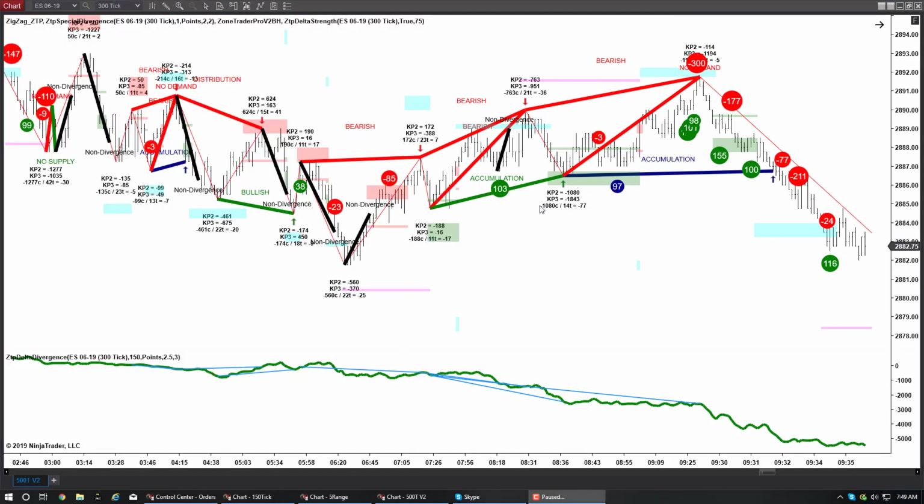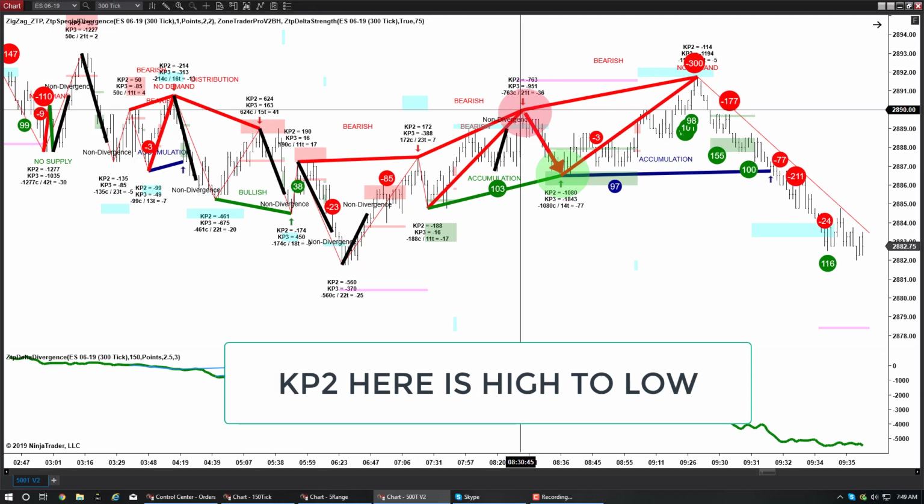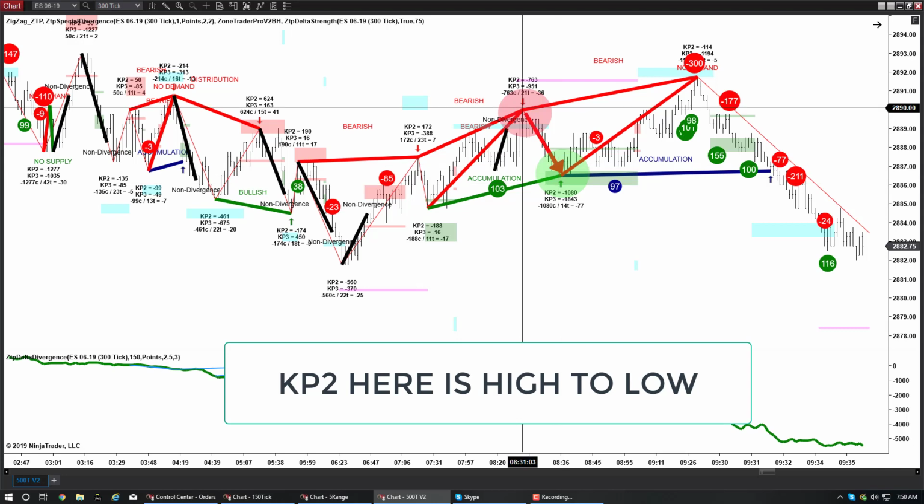Now let's take a look at what these numbers mean as far as the KP2 and KP3 numbers. Like we talked about before, the KP2 number is the number of contracts that were filtered that were sold from this point here to this point here. So that number of filtered contracts was 1,080.